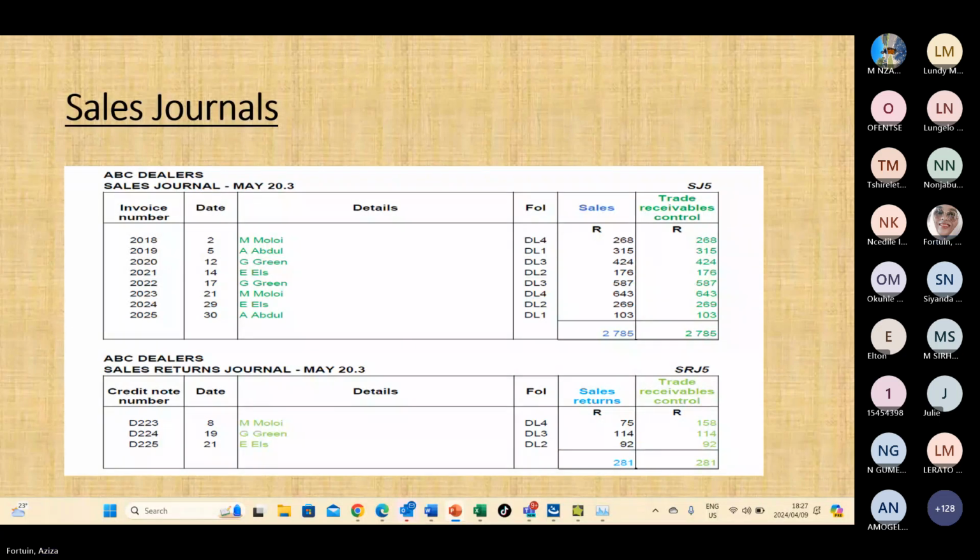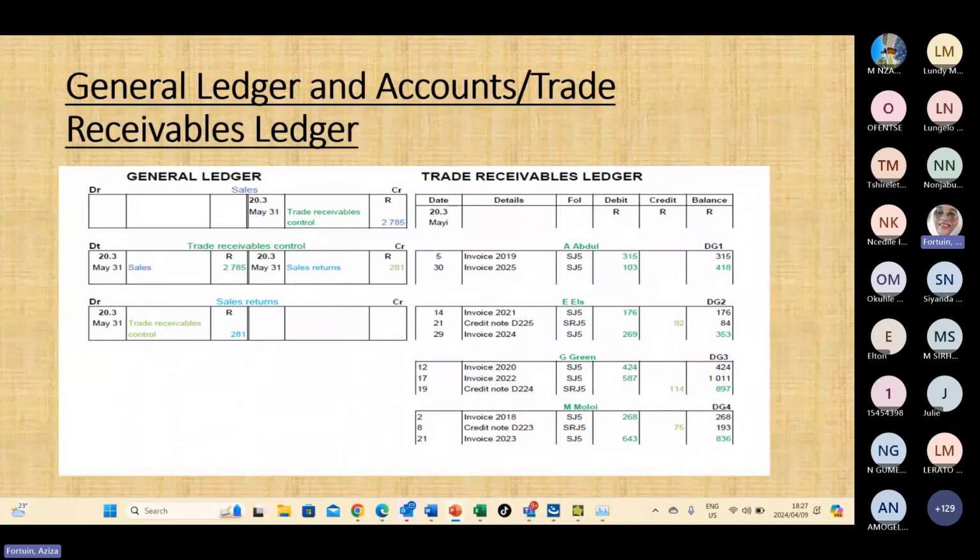Okay. So there's a trade receivables control and a sales return item. In my general ledger, you will have line items or T accounts or ledgers open for sales, one for trade receivables control, and one for sales return.